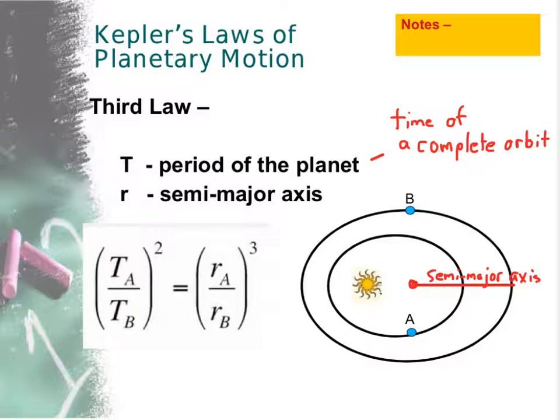And you're like, wow, this is a complicated equation. So I'm going to show you an example in class when we next meet. But for now, I want you to just know what this formula is. Another way of saying it is that the square of the period is proportional to the cube of the semi-major axis.